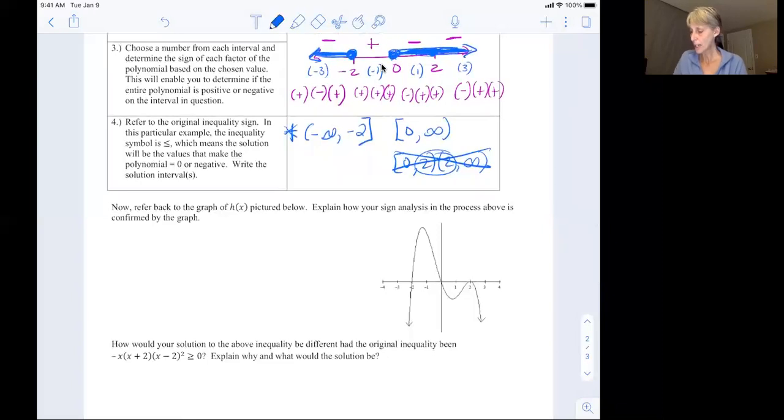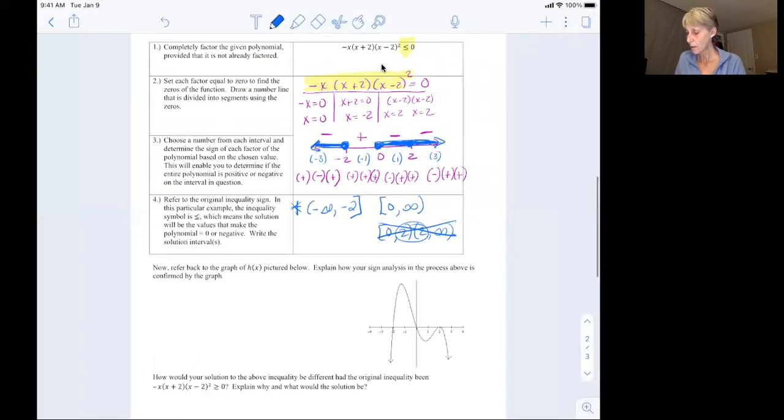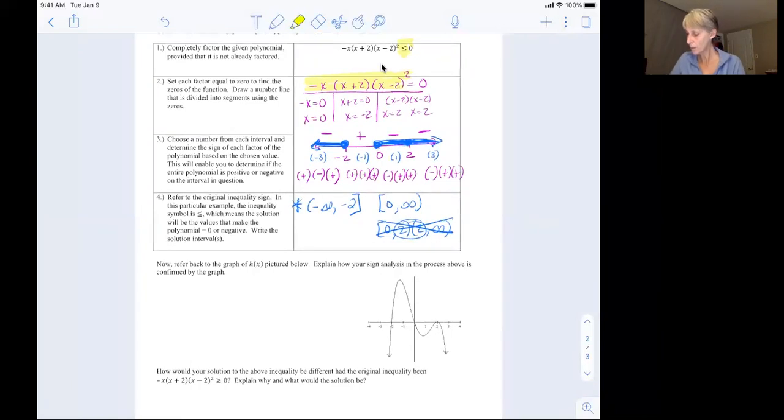Now let's just connect what we got. Refer back to the graph of h of x picture below. Explain how your sign analysis in the process below is confirmed by the graph. Well, we wanted to look for where it's less than or equal to 0. If I look on my graph, I've identified those sections.